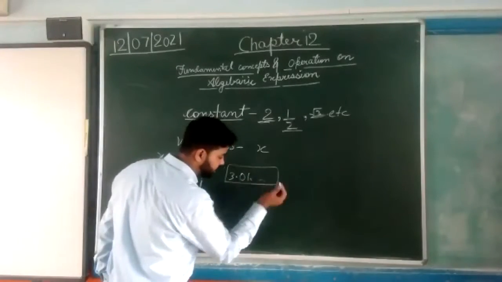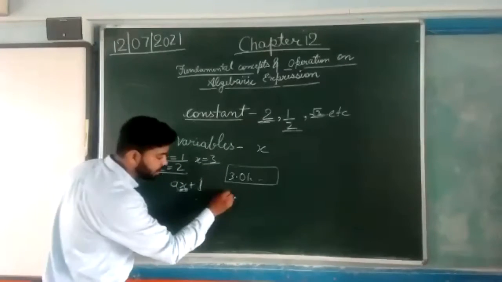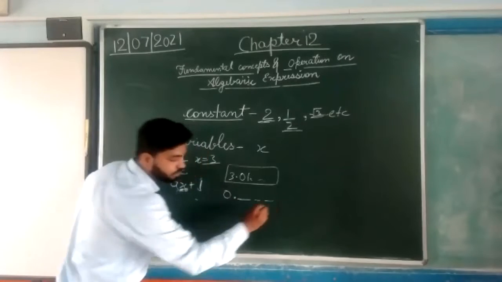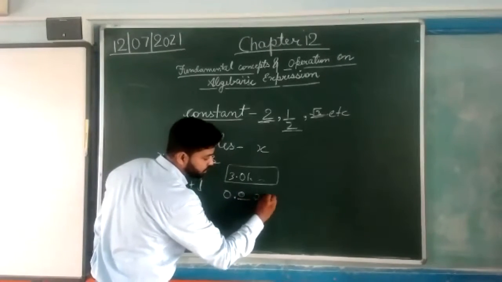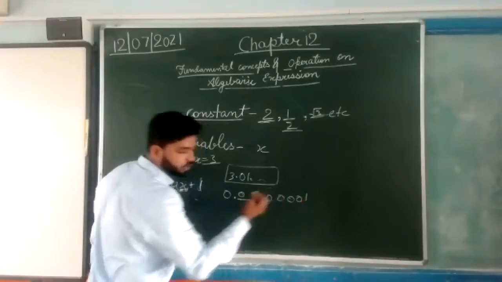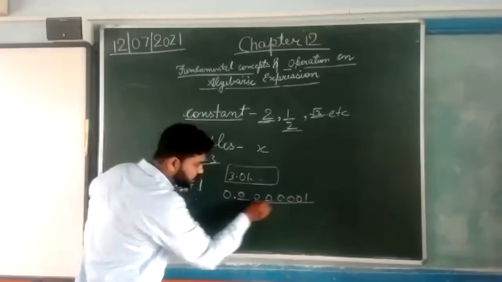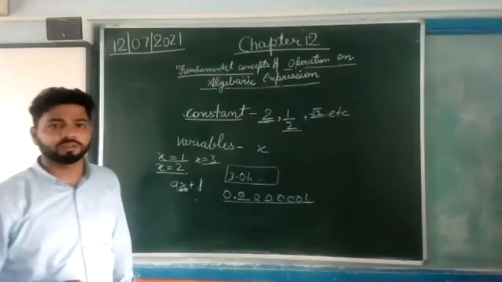It is going till infinity, but after a decimal point, the value decreases as we increase the place of the value. Suppose this is our decimal value, 0.000001. This is considered to be a zero because it is negligible.